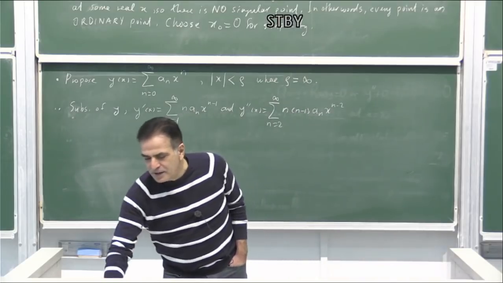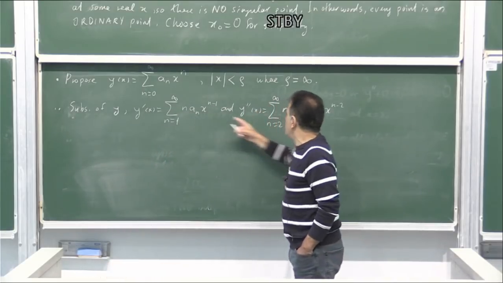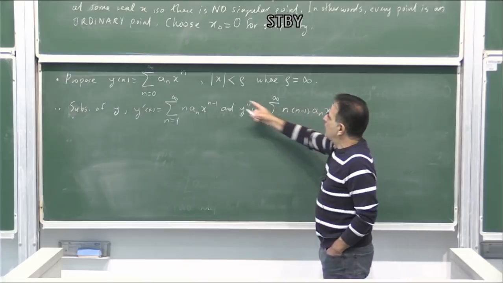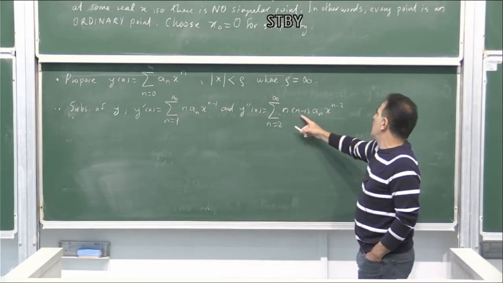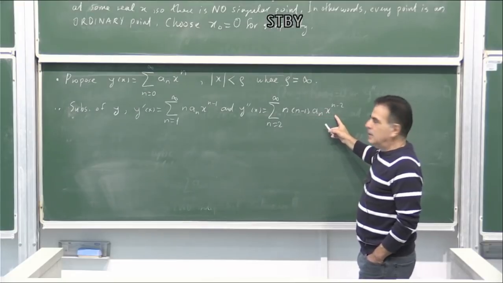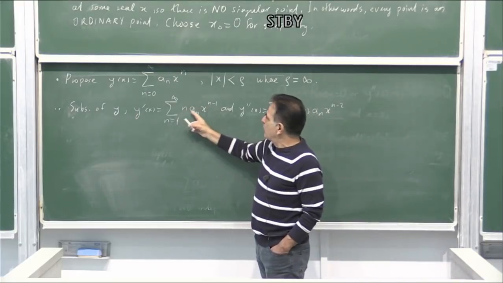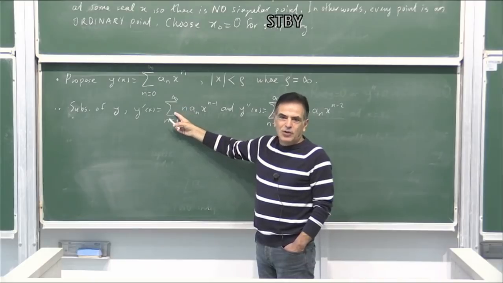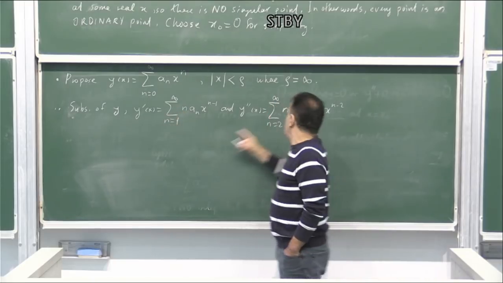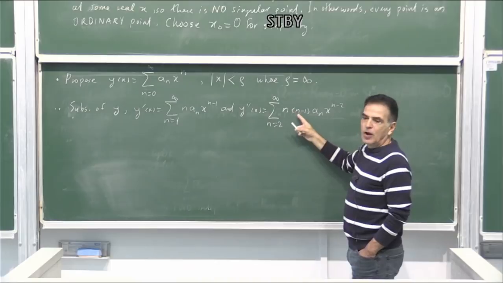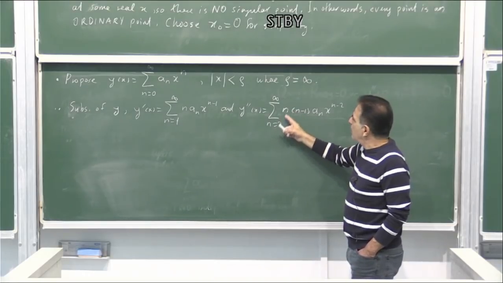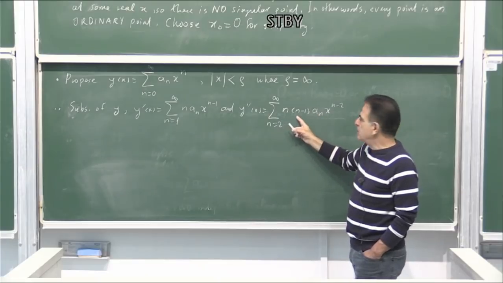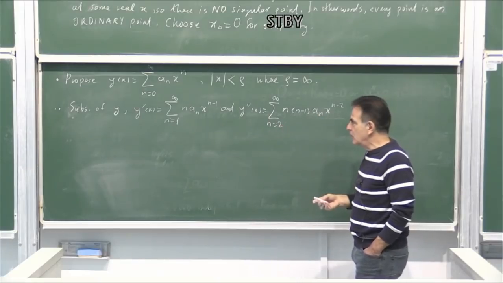These are mechanical calculations. We take derivatives of the proposed power series term by term. And this series may be started from 1 because the first constant term has 0 derivative. And the first and second terms, which are linear in x, have second derivative 0. So this series may be started from 2.